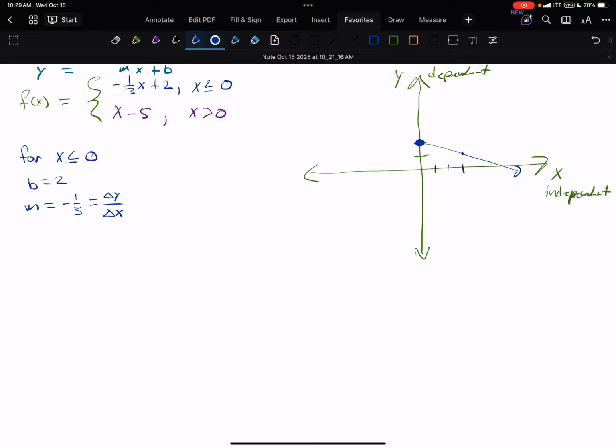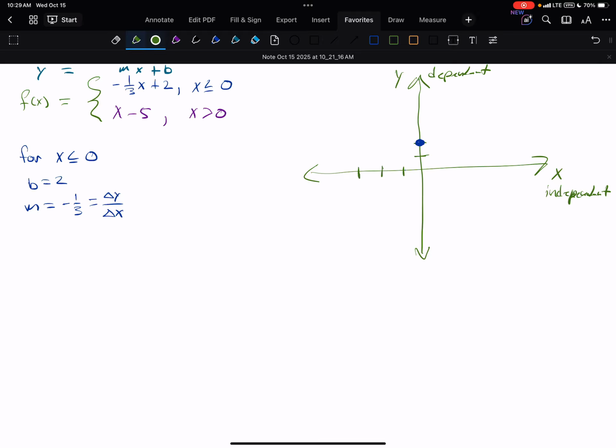And the reason we can't do that here is because this is not defined, that it doesn't take that shape, for values of x that are larger than 0. So we can't do that. But what we can do is we can go back 3. Let's do this. 1, 2, 3.